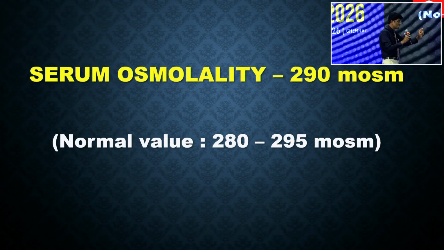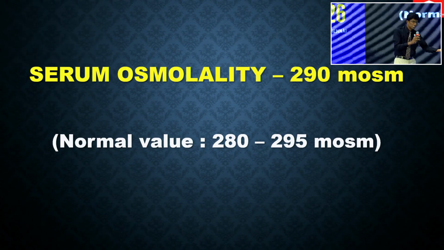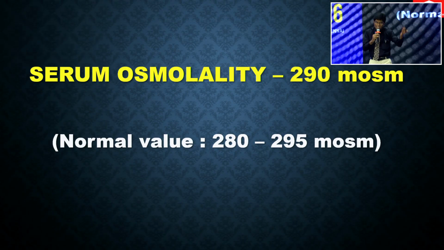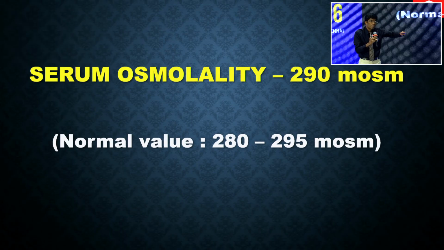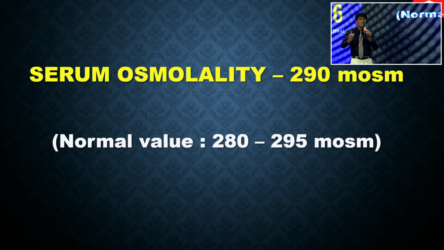So when somebody presents with hyponatremia, do serum osmolality. You expect a reduction to less than 280, but if you find normal or high serum osmolality, think of pseudohyponatremia. The most important causes would be that the patient may be harboring hypertriglyceridemia or hyperproteinemia, for example multiple myeloma, that you have to think of.